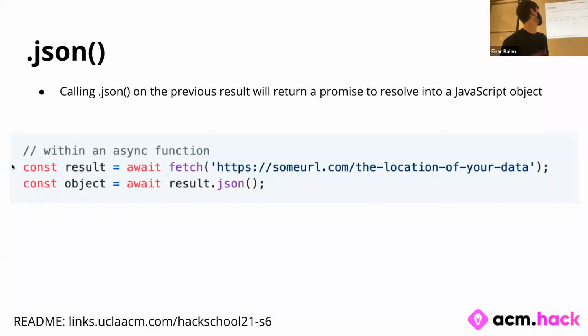So you can see this is the same line I had from before, and then I just call .json on this result, and that gives us a usable object, okay? So that's how we use the fetch function. Oh yeah, and it's important to note that .json is also an asynchronous function, so you're going to have to wait on the result from that too. So just keep that in mind.